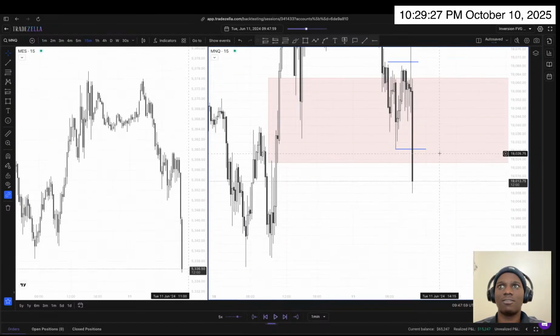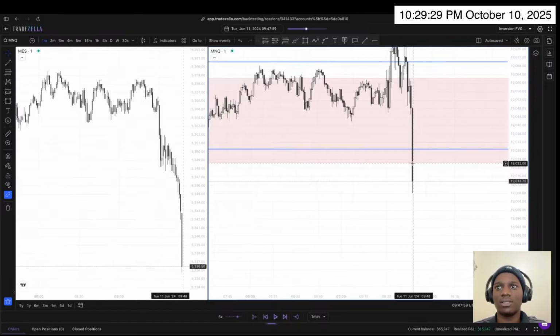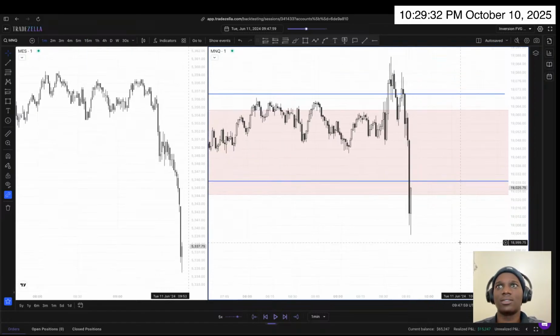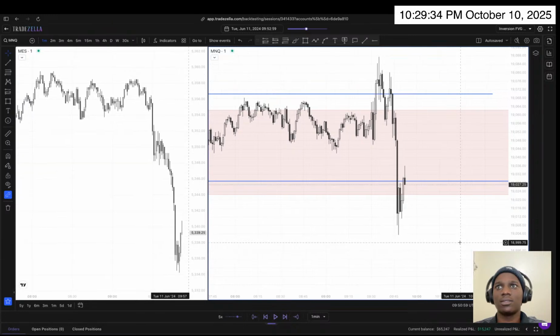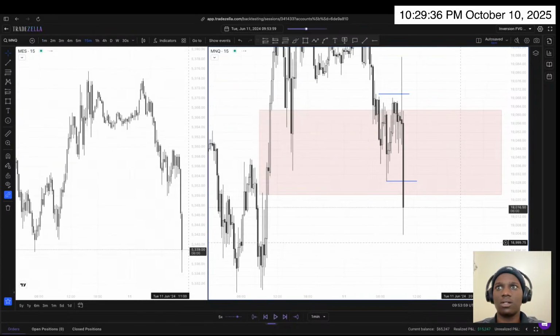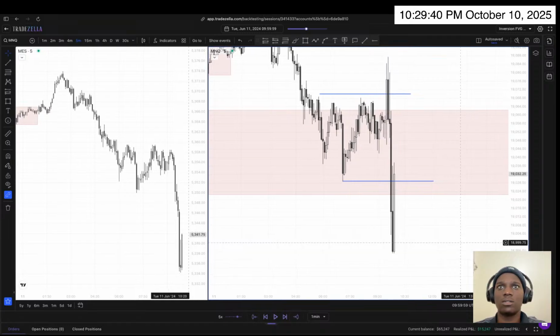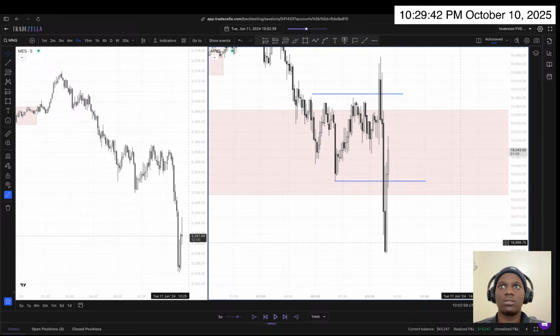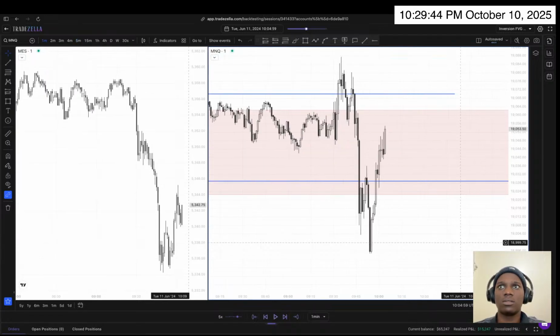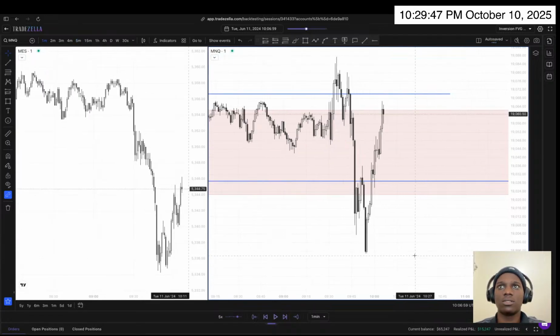Look at this heavy drop at 9:48. Just like a retracement higher.